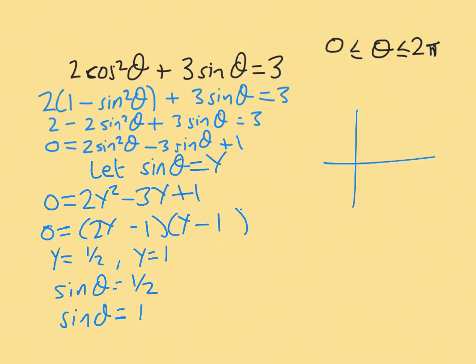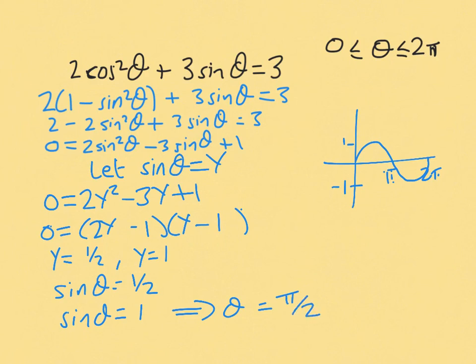Quick look at our sine graph. There we go. Pi, 2 pi, minus 1 and 1. Well, sine equals 1 is clearly going to give me theta equals pi over 2.